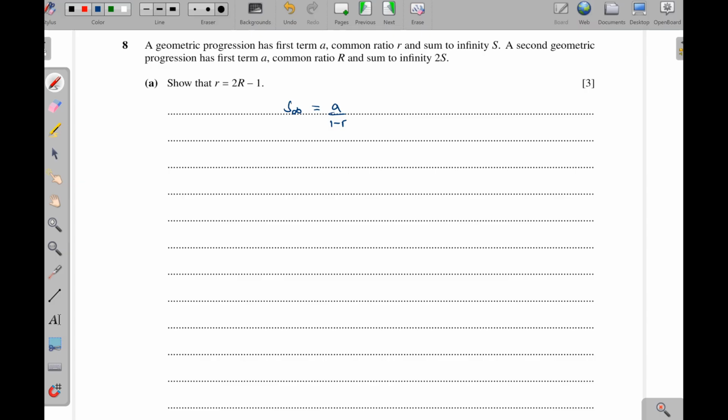Now s, that is the sum to infinity of the first one, is going to be a out of 1 minus r. Then the next one, the sum to infinity, is given by 2s. So we shall have 2s equal to a out of 1 minus capital R.